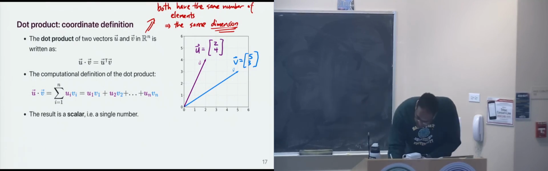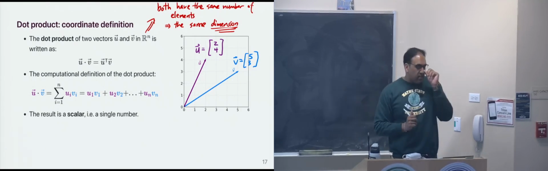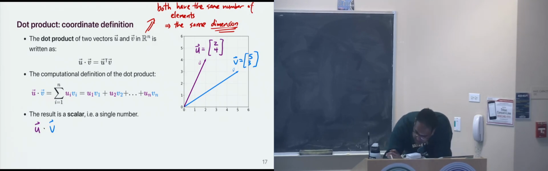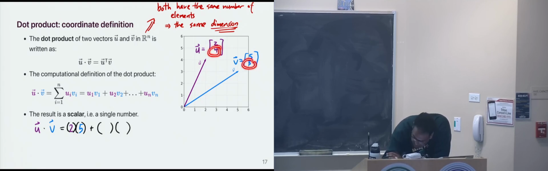Okay? What's the dot product of u and v? Well, let's write it out. U dot v is, well, it's the first thing in u times the first thing in v. So maybe we'll do 2 times 5, plus the second thing in u times the second thing in v.